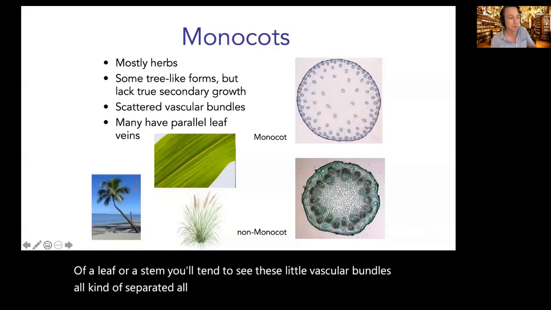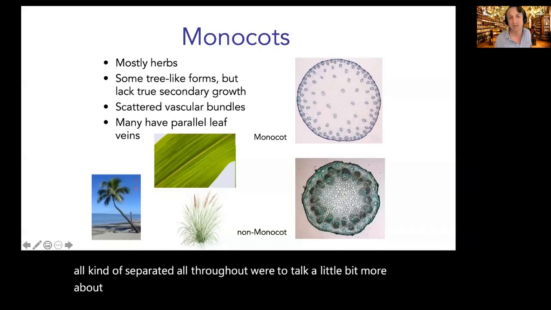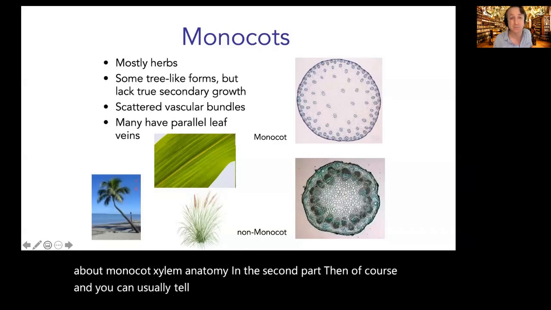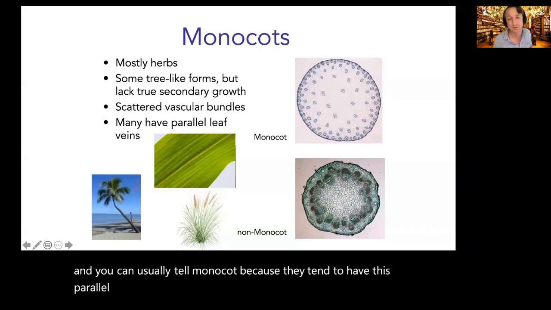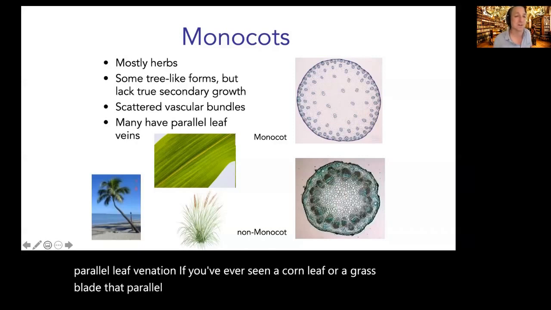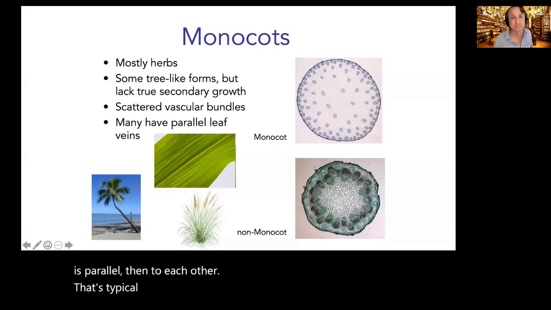We're going to talk more about monocot xylem anatomy in the second part, of course. And you can usually tell a monocot because they tend to have this parallel leaf venation. If you've ever seen a corn leaf or a grass blade, that parallel venation, where the veins run parallel to each other, is typical of many monocots.